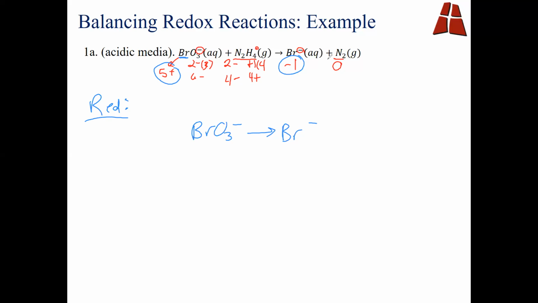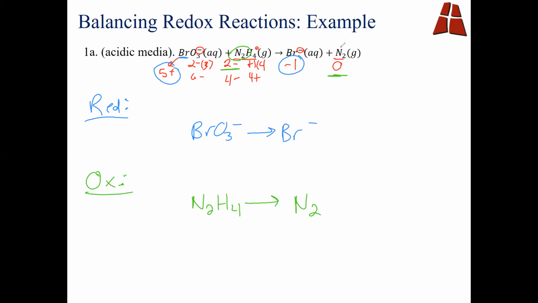And so nitrogen goes from being 2- on this side to being 0, so it gets more positive, which means our oxidation half reaction involves nitrogen going from N2H4 to N2.